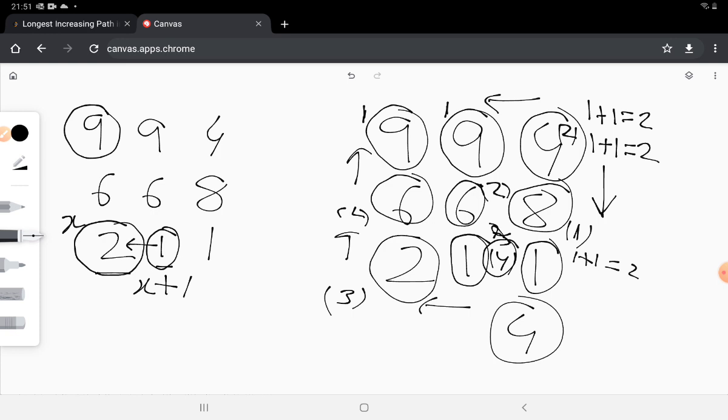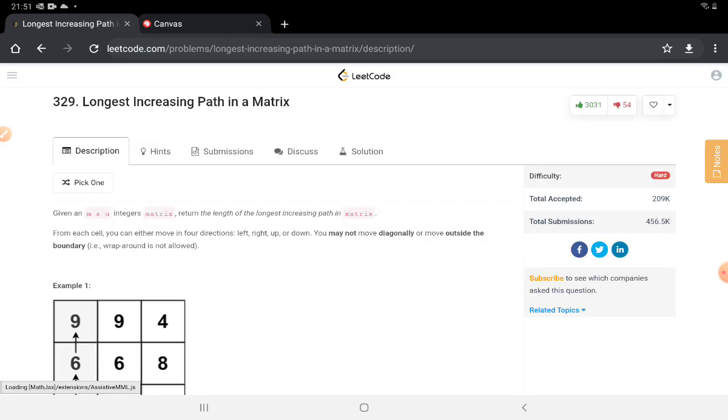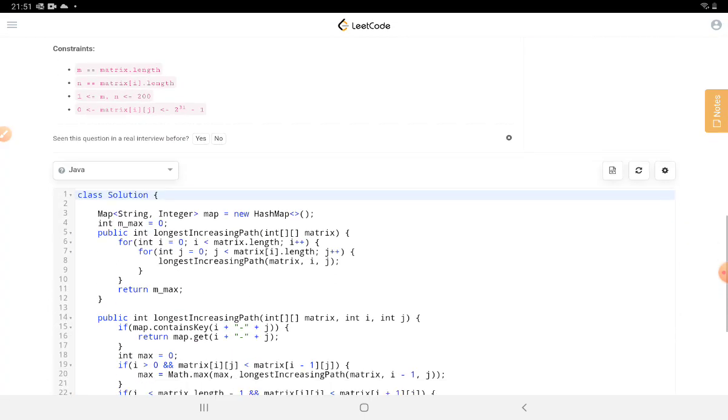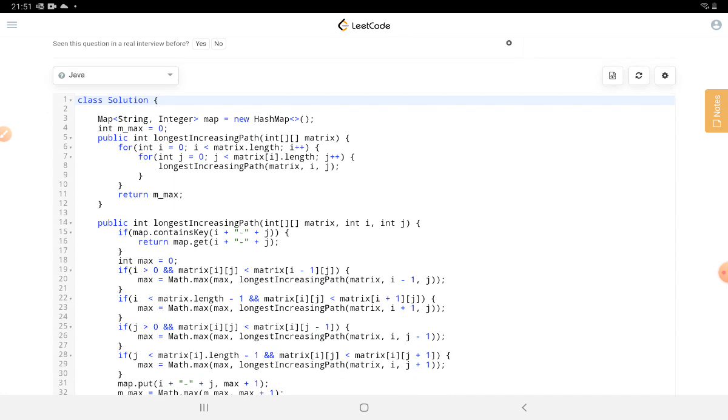So let's take a quick look at the programmatic solution for this approach, like how it would be. So let me go back to LeetCode. Herein I have pre-written the solution in Java. So first of all, we need to keep a map.